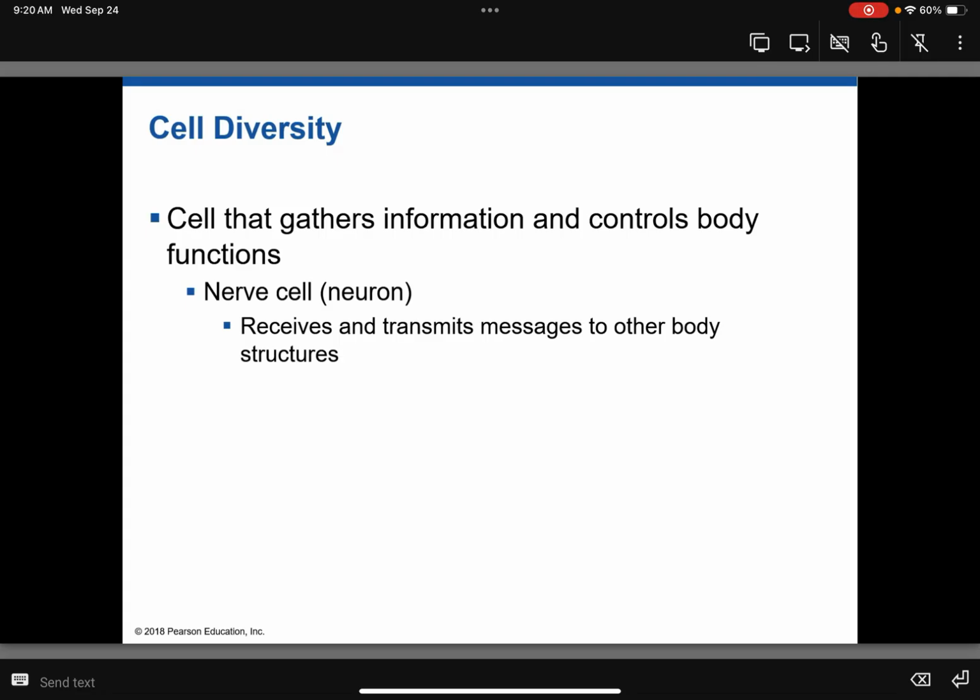And the central nervous system will formulate responses to any stimuli that there is. So, central nervous system being the brain and the spinal cord. So messages get sent there so that they can formulate a response to whatever the stimulus is.